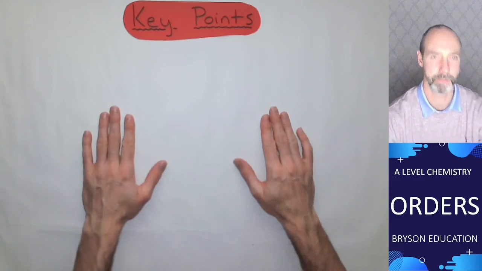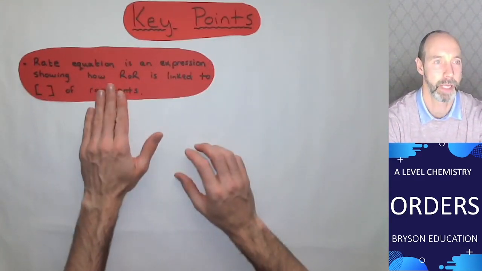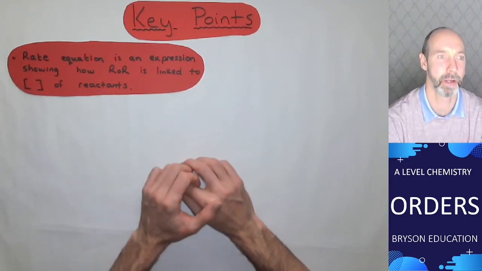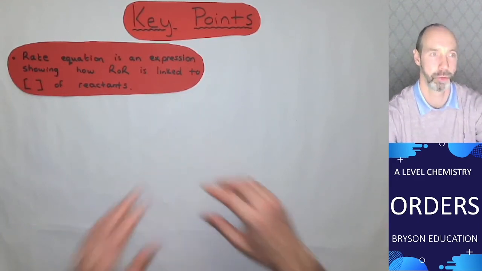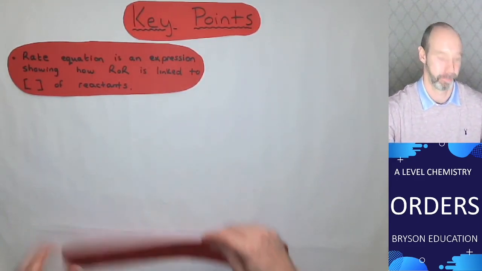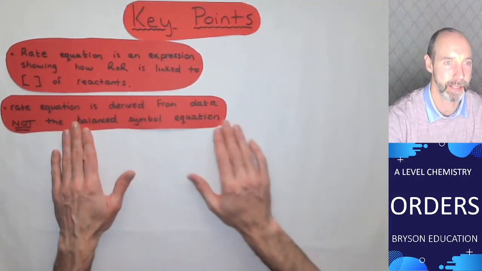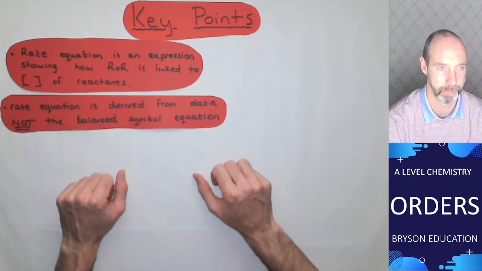Okay, so let's finish this video then by looking at the key points. First key point. The rate equation is a mathematical expression showing how the rate of reaction is linked to the concentration of reactants. The rate equation is derived from data and not from a balanced symbol equation.